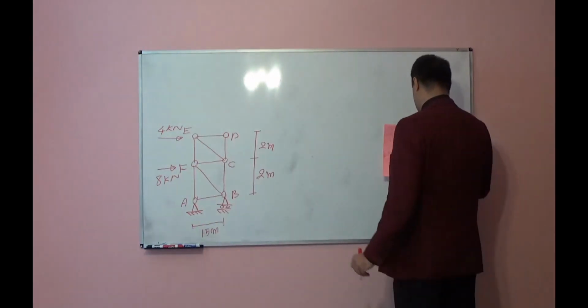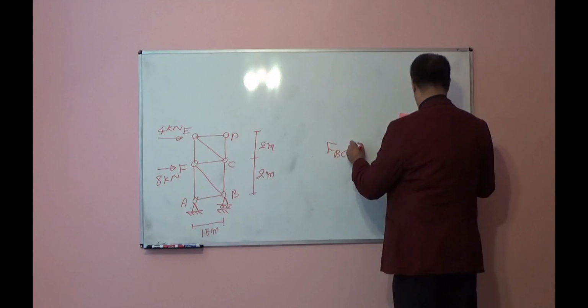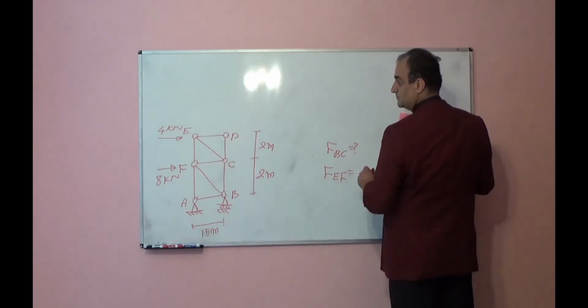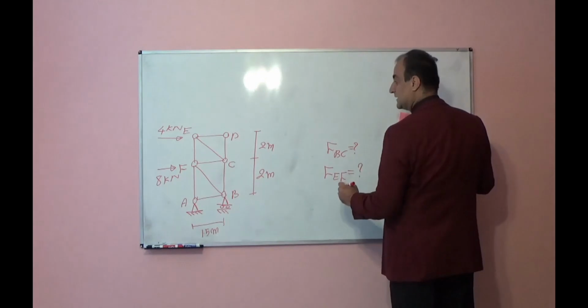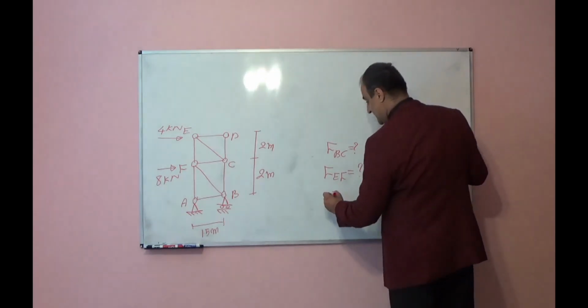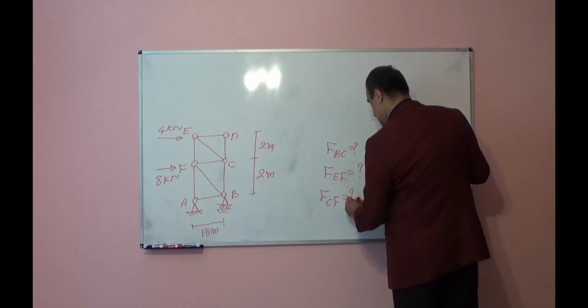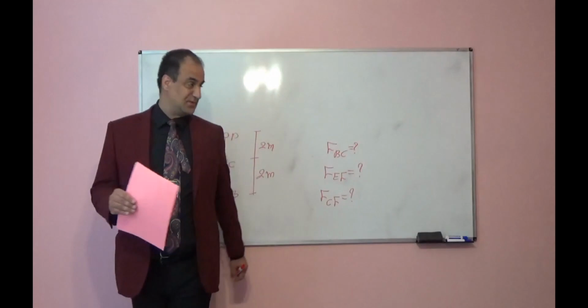Find internal force for member BC, for member EF, and for member CF. At the same time, find zero force members.